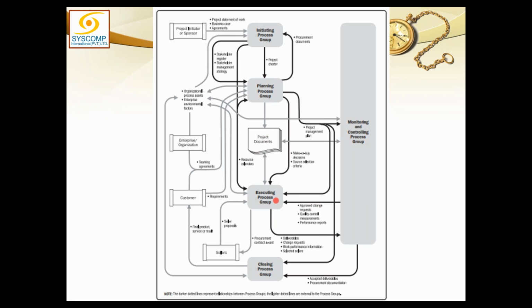All the subsequent work of execution would now follow the amended project management plan and project documents, so automatically everything will fall in place. So approved change requests are going from monitoring and control to execution.